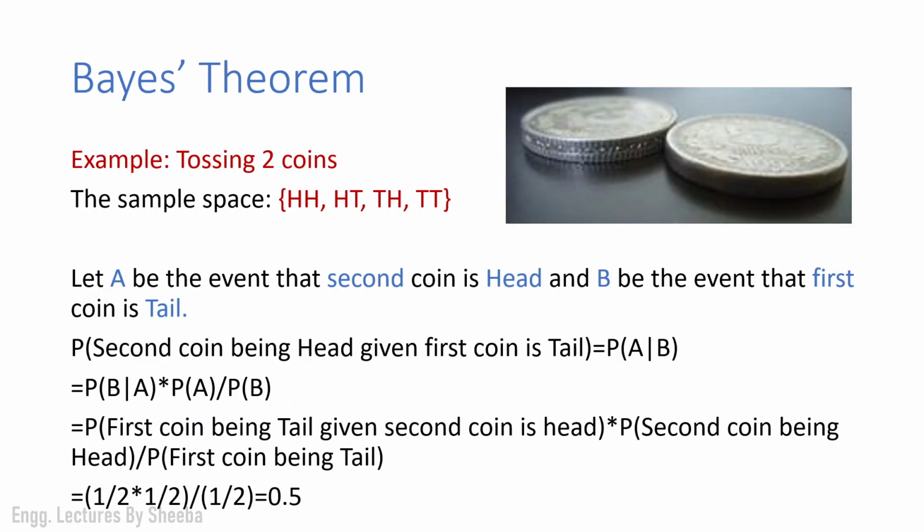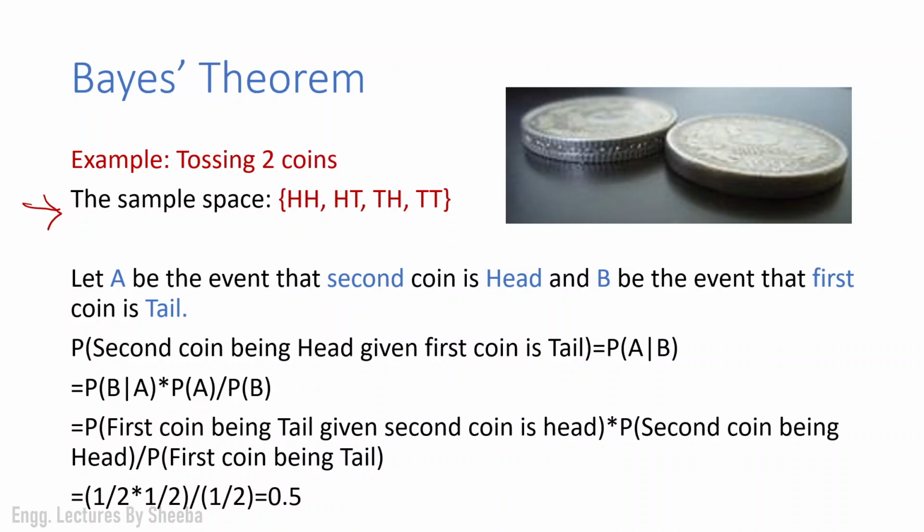So we just consider the same example, that is tossing two coins. Already we have the sample space like this, and what we are going to do is find the conditional probability. So let us call A an event that the second coin is head.